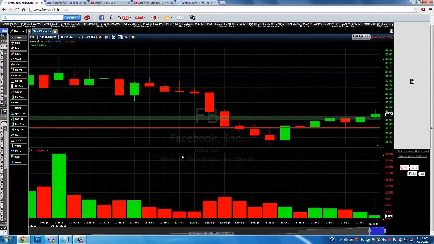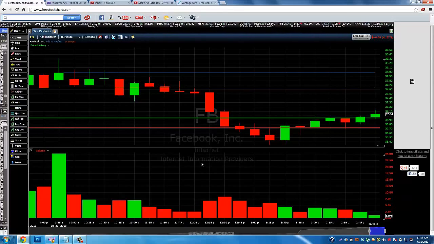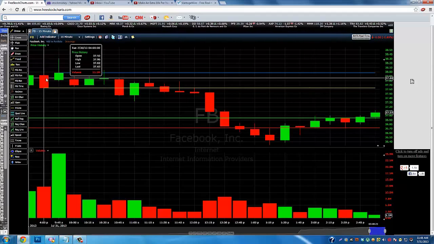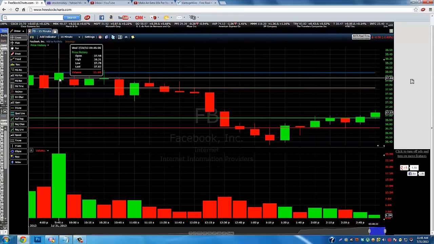Okay, now this is the chart of Facebook. This is the day, it's July 31st. Okay, the day starts now. This is here yesterday. The stock was 37.63, and it starts today with 37.98. It means it's nearly 38.